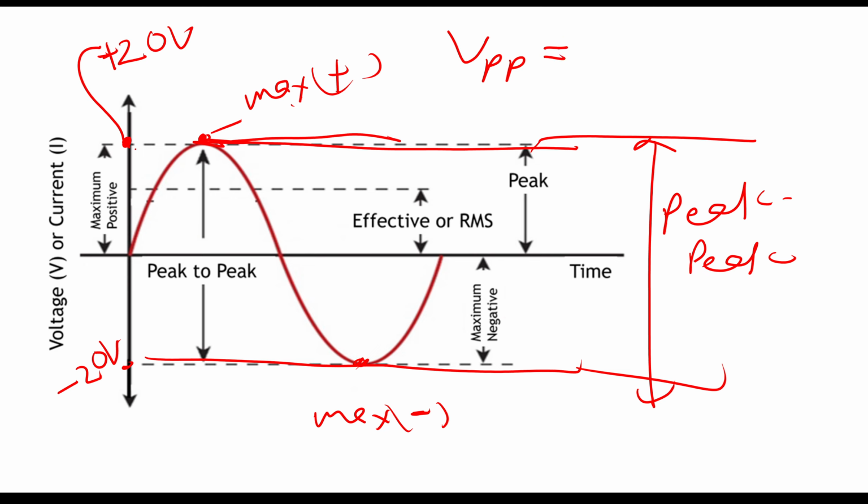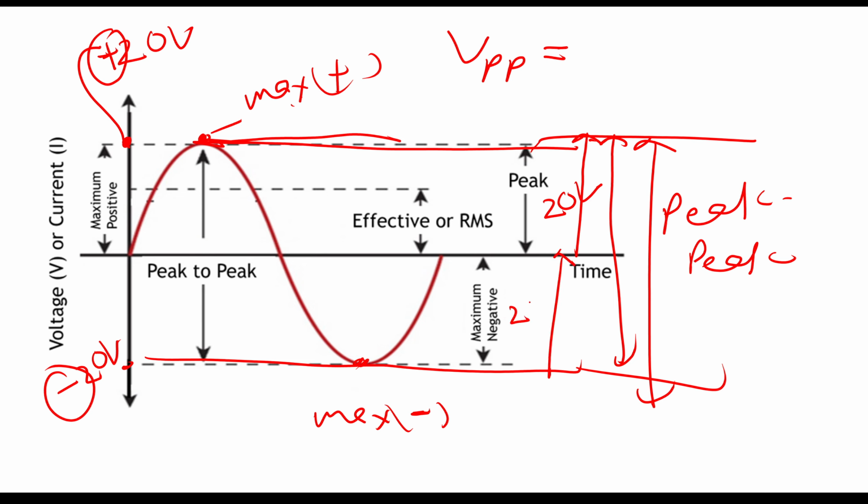The voltage from here to here is 20 volts, and the voltage from here to here is again 20 volts, irrespective of the sign, plus or minus. So we have to make the total of these. This is 20 volts and this is again 20 volts, so the peak to peak voltage is 40 volts.